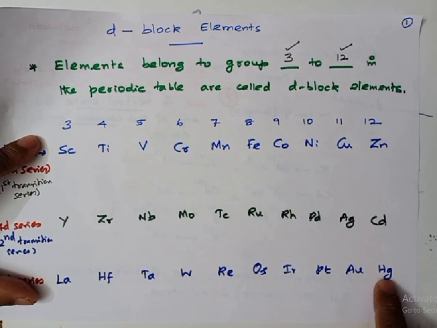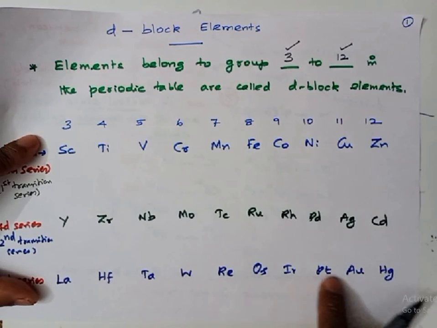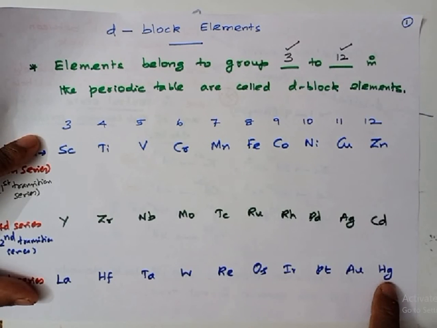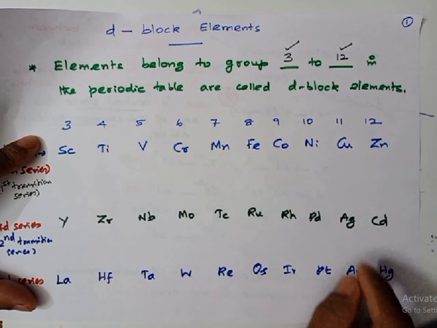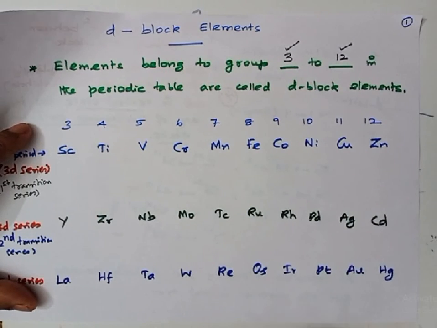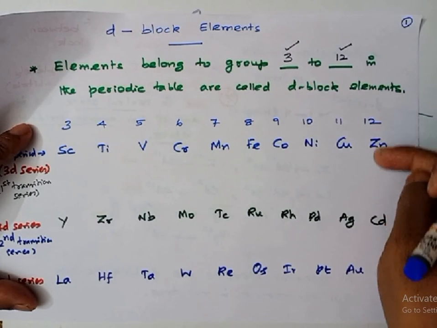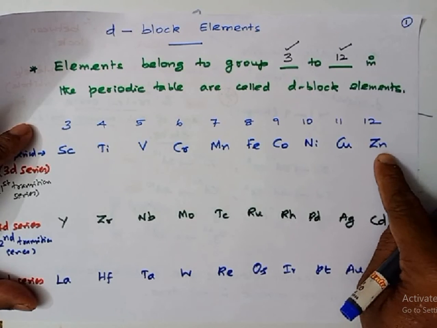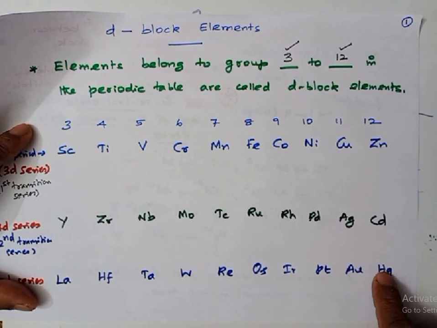You know very well, out of all these elements, mercury is the only liquid metal present in D block. Now I am focusing on group number 12: zinc, cadmium and mercury.